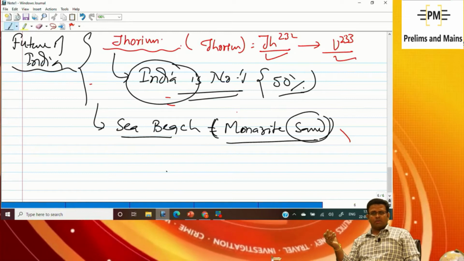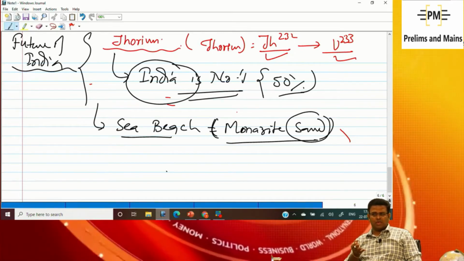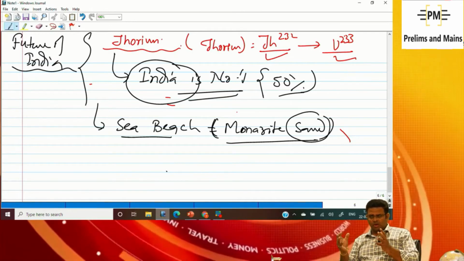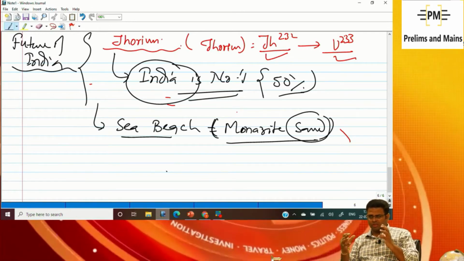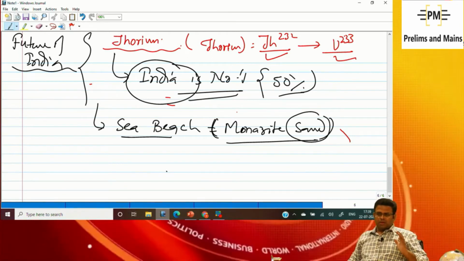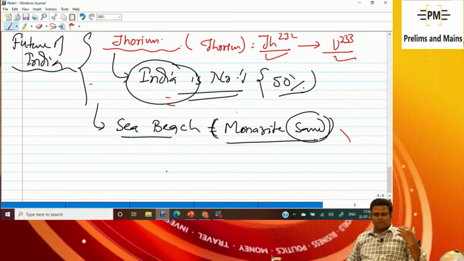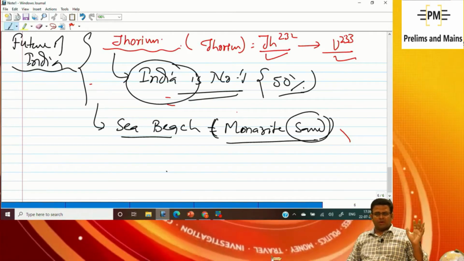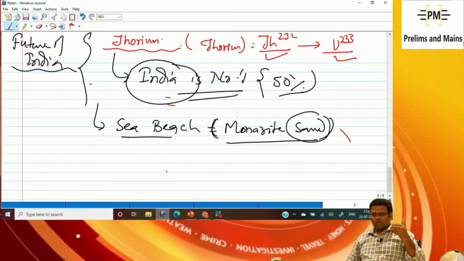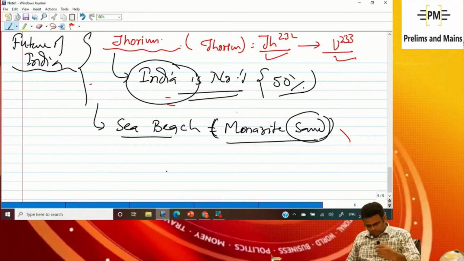Now India is not a member of the Nuclear Suppliers Group, but in the future everyone will look towards India. Therefore there will be a lot of permutations and combinations; a group will form after 10 years, because by the time after 10-20 years, uranium will be one side, but India's dependency on other countries will not be there. So even China and other countries, everyone will start looking towards India.